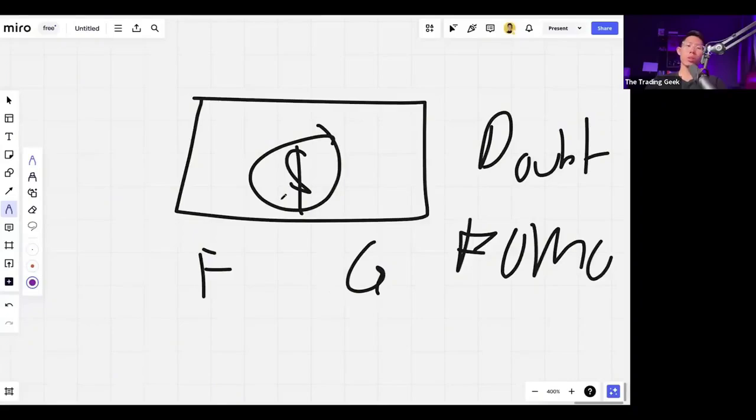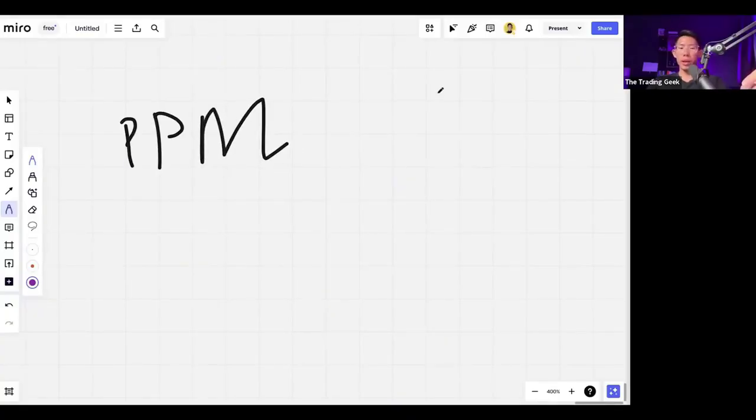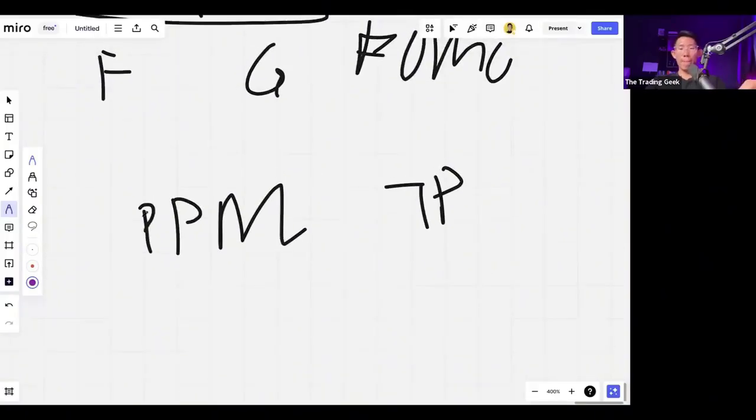All these emotions will arise when you are trading with hard-earned money. The question becomes, how do you control your emotions? There are 2 modules that I created inside the Trading Blueprint that will help you learn about that: the peak performance mindset, and also my trading psychology module. If you want an in-depth guide on this, go study those 2 modules.